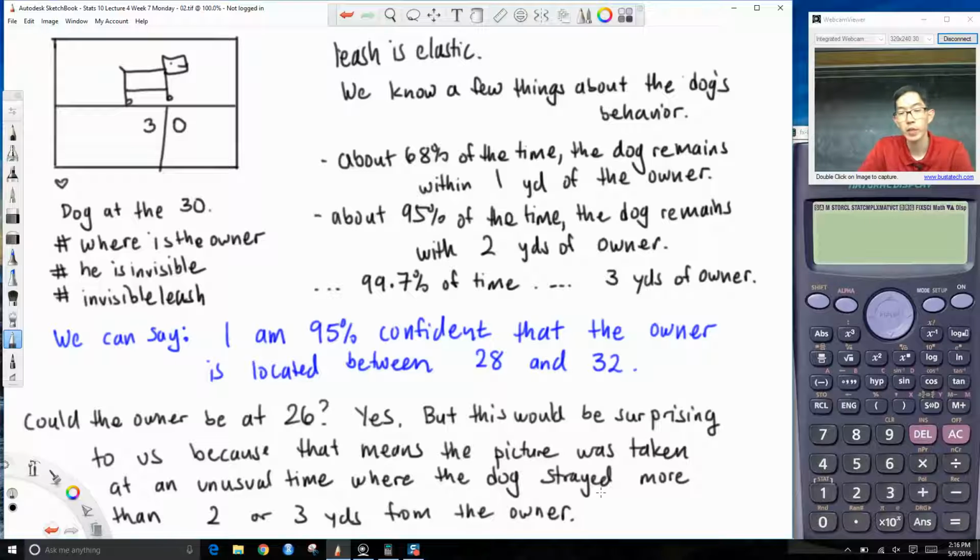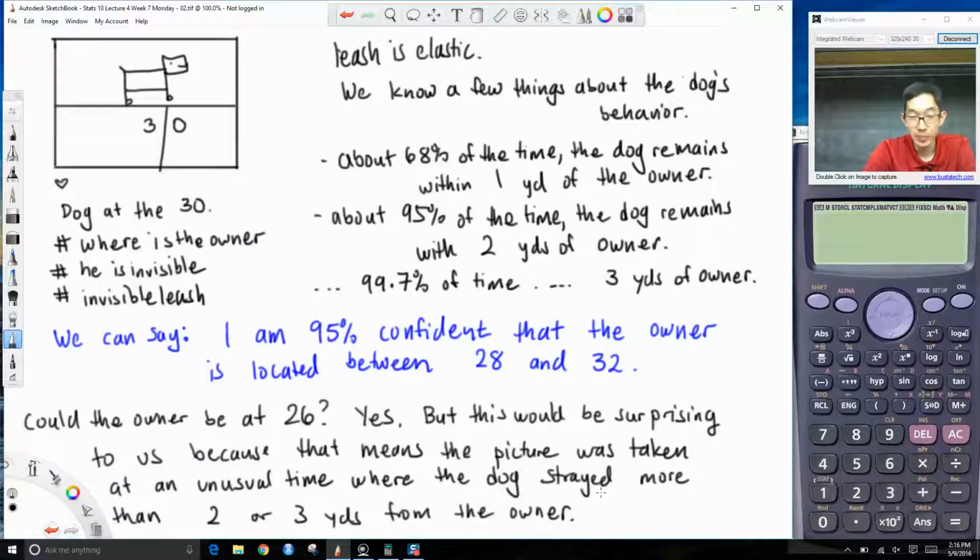Okay, but because we know the behavior of the dog, when we see the dog at the 30, we can be fairly confident, like 95% confident, that the owner is between 28 and 32. Okay. Is that good? All right.